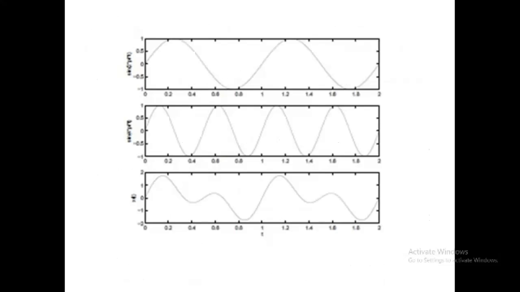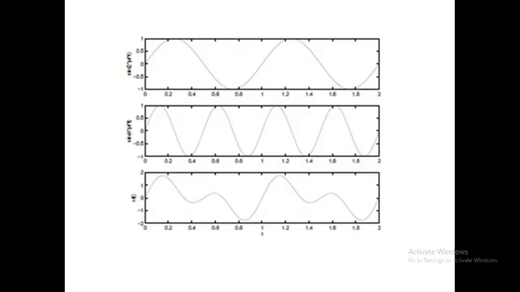Unfortunately, as we will discuss in more detail, humans can't hear the pure tones that comprise the signal x of t above since the frequencies are too low. However, we can make a similar combination with signals at frequencies humans can hear.